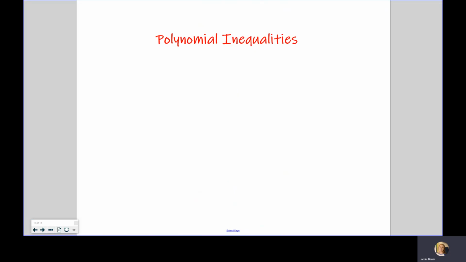All right, so next we're going to talk about polynomial inequalities. Polynomial inequalities are pretty challenging problems. In theory, you could graph these and figure out the answer, but most of the time you're probably going to have to end up doing this algebraically, just because the polynomials may be pretty complicated.